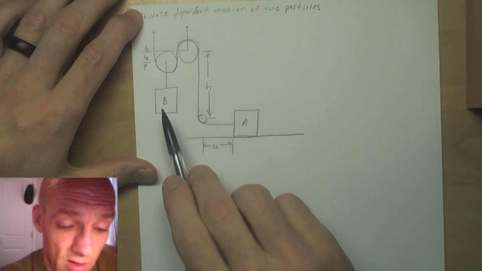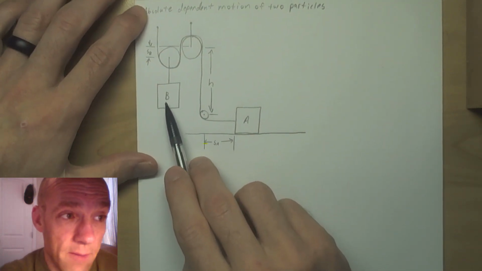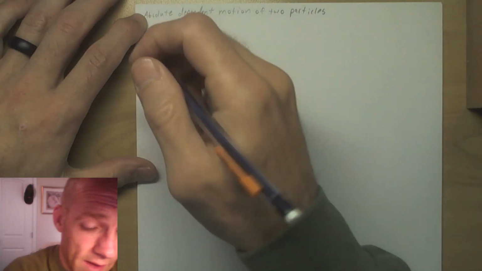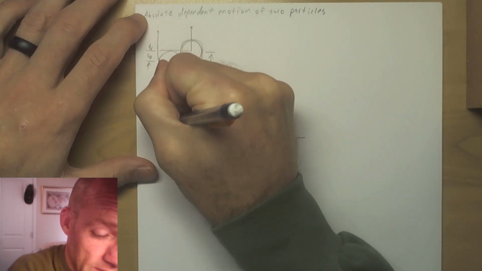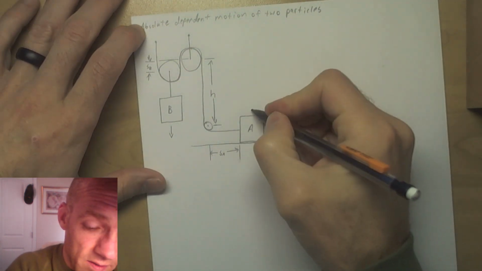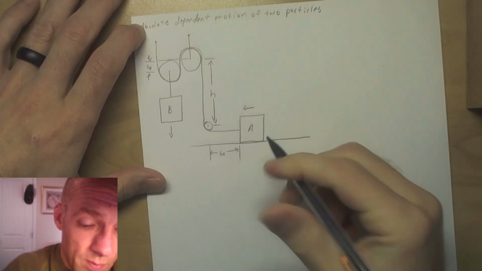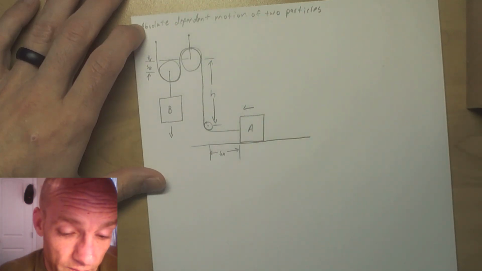In this particular example, you can kind of see what's going on. We have block B being pulled down under gravity, and as a consequence, block A will be pulled along in that direction.